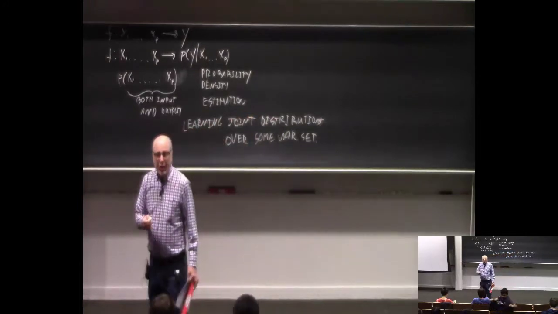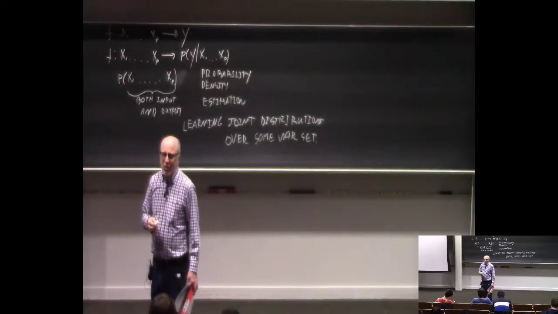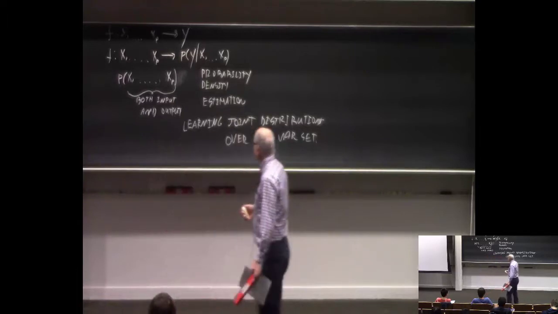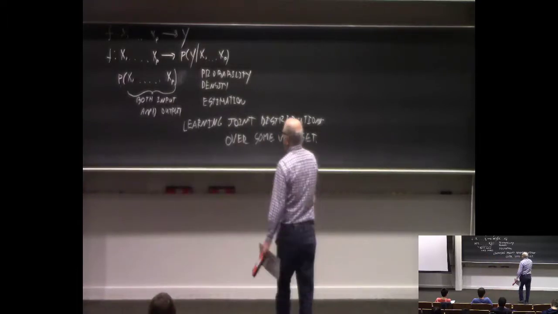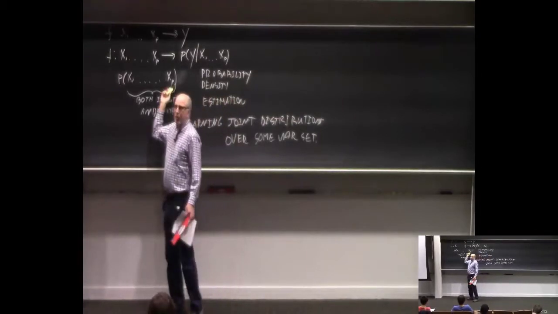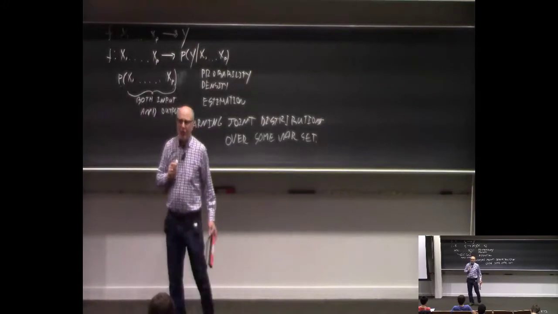In the examples I'm going to give, the variables are going to be binary. This is just for simplicity of calculating things, giving examples. The principles are going to be the same, whether they're binary or have multiple values. If the variables are binary, how many parameters do we need to fully specify any probability distribution over p variables?